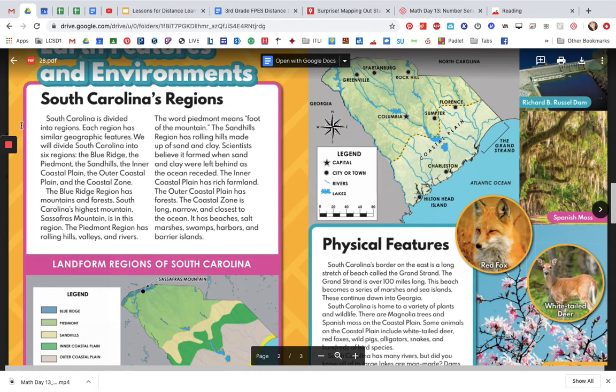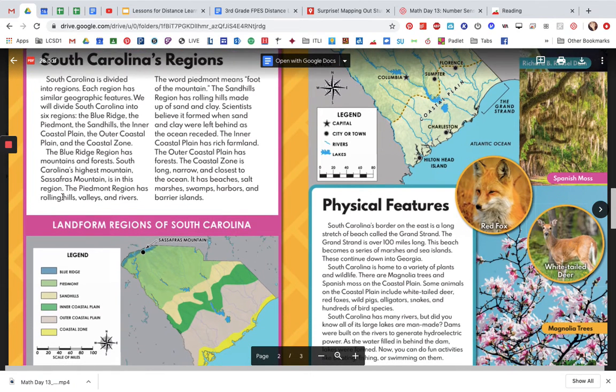Some of you might remember that song that we sang with those. The Blue Ridge region has mountains and forests. South Carolina's highest mountain, Sassafras Mountain, remember I called her Miss Sassy Pants, is in this region. The Piedmont region has rolling hills, valleys, and rivers.